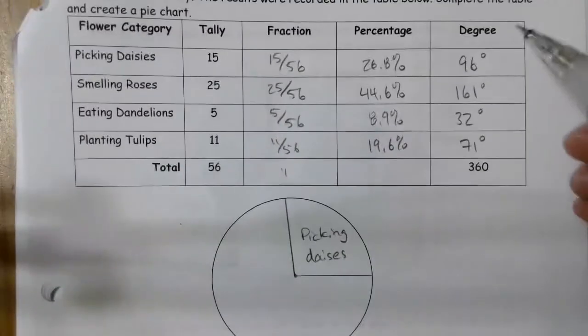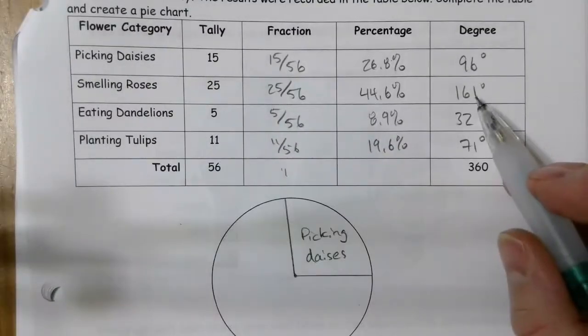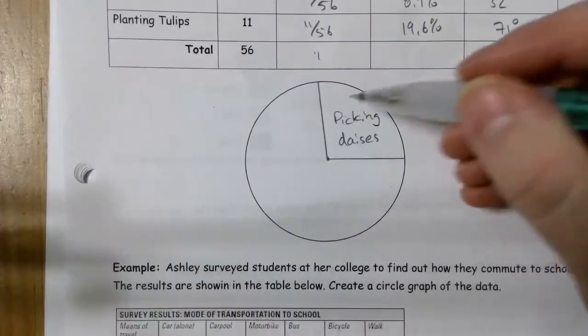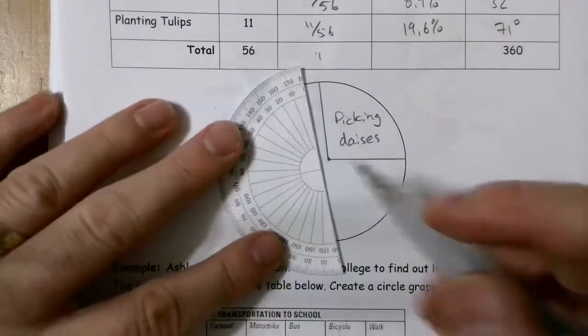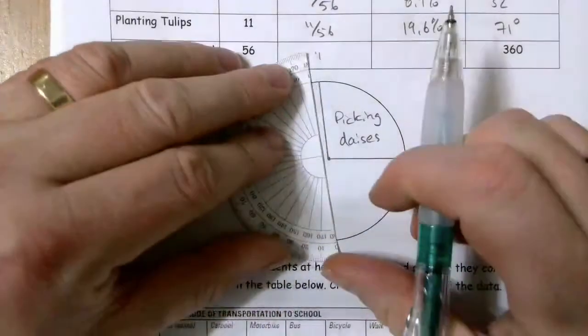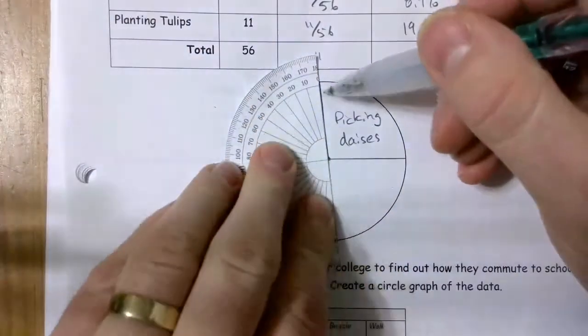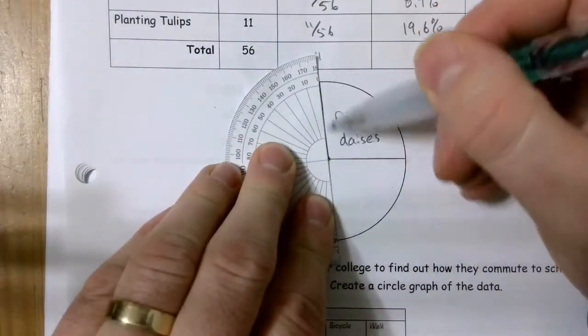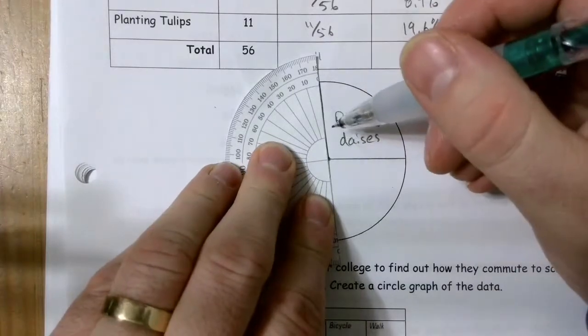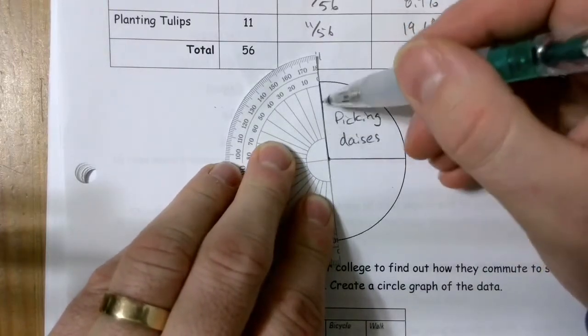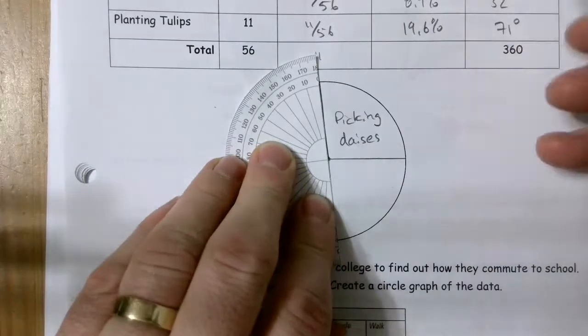Next, we've got smelling roses, and that's 161 degrees. And remember, I start on that line here, so I line up that crosshair at the center of the circle. Okay, I put the edge of the protractor along that radius here, and now I'm going to measure out 161 degrees.